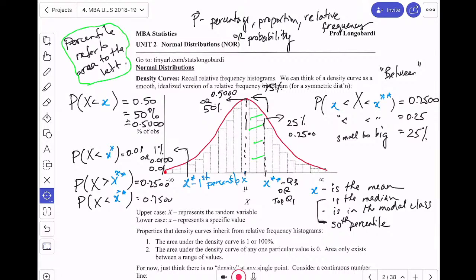They can spend very little, they can spend very much, and most of them spend somewhere around the average. Some spend a little bit more than the average, just as many spend a little less, and just as many spend a lot as spend a little. So this is an example of symmetric distribution and how we use the relative frequency histogram to interpret the possibility of seeing certain amounts of spending. So 25% chance of people spending more than this amount. Okay?